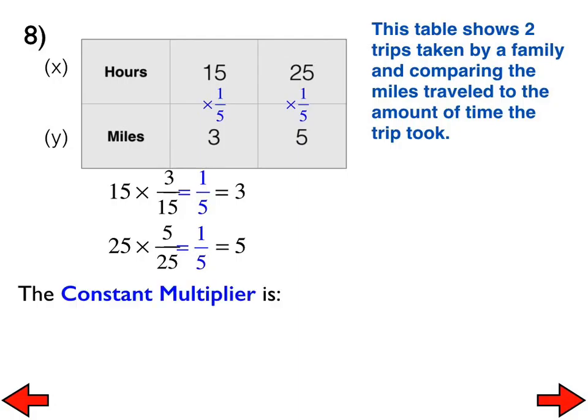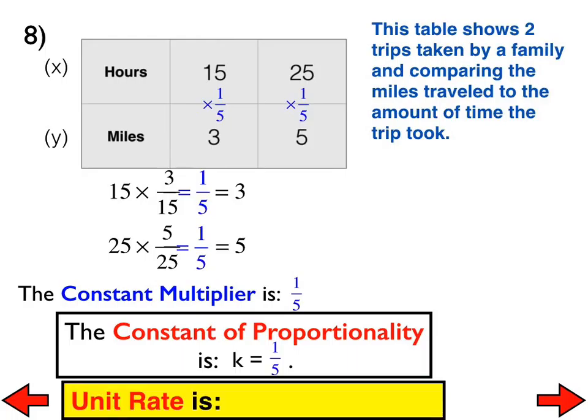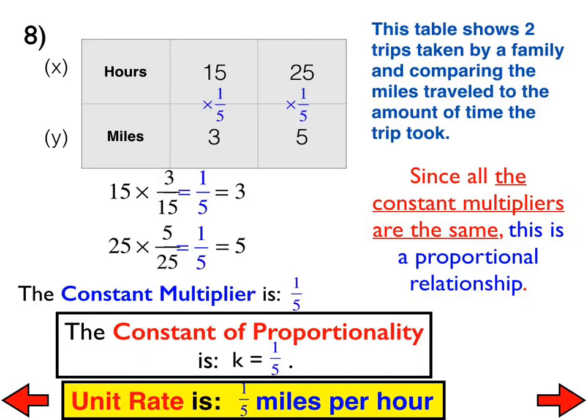So is it a proportional relationship? Yes. So I can answer all these questions. Constant of proportionality is what? K equals 1/5. Unit rate is miles per hour. Good. 1/5 miles per hour. Is it proportional? Yes, comma, multipliers are equivalent. Or multipliers are the same.